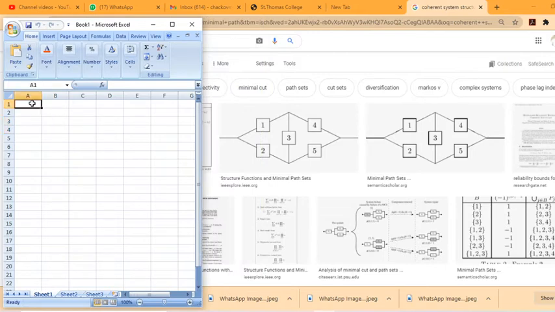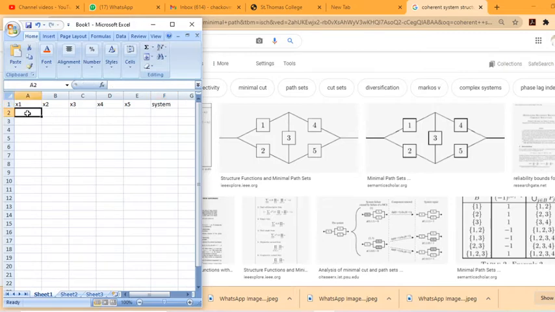Let x1 be the first component state, x2 the second component state, x3 the third, x4 the fourth component, x5 the fifth component. This is the system state.